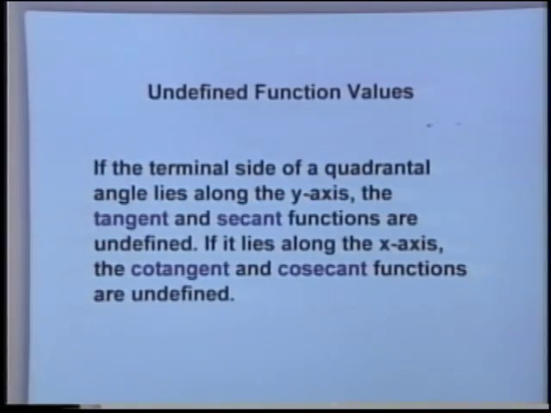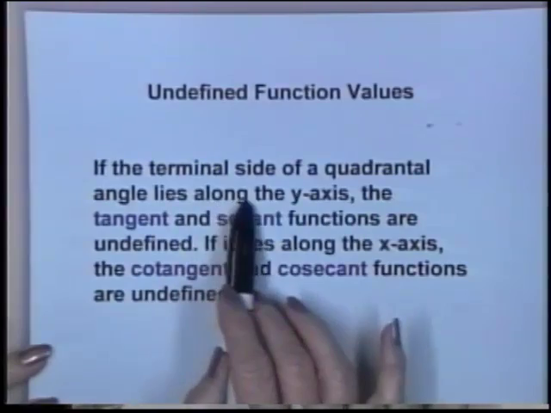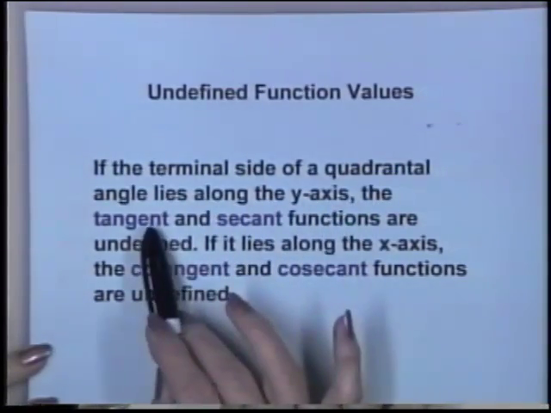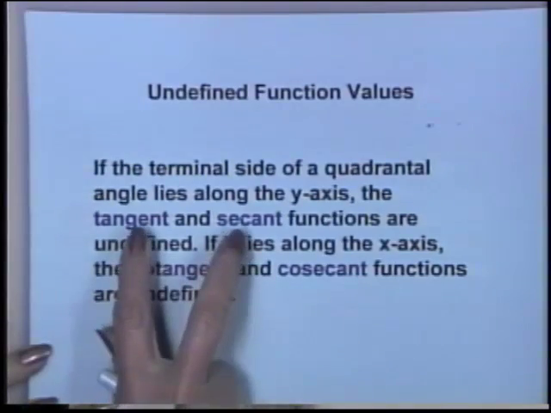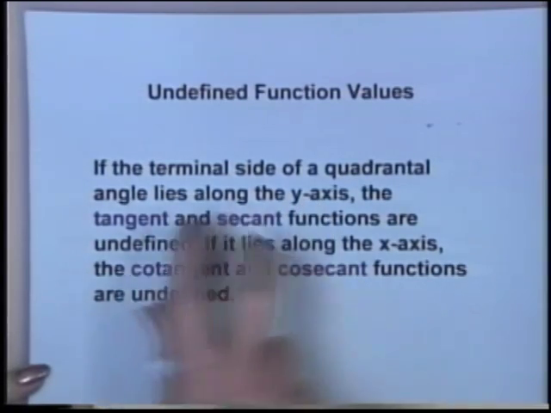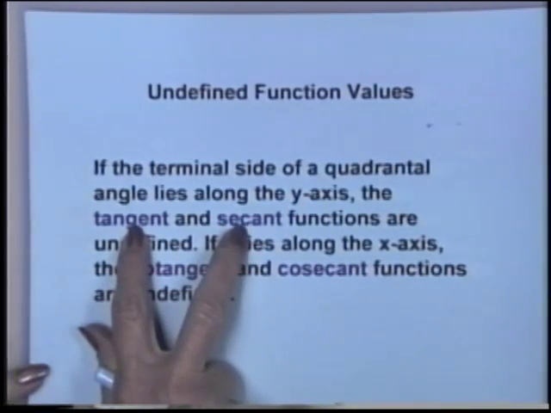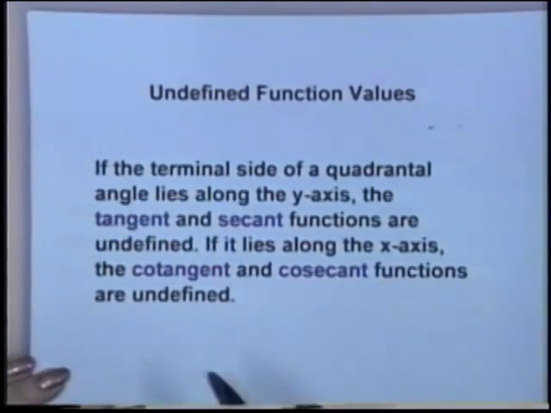Undefined function values. If the terminal side of a quadrantal angle lies along the y-axis, the tangent and secant functions are undefined. That's because when the terminal side is on the y-axis, the x-coordinates are 0, and for both of these functions, the x-coordinate is in the denominator of the ratio, which makes the function undefined.